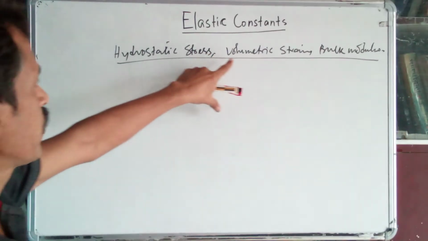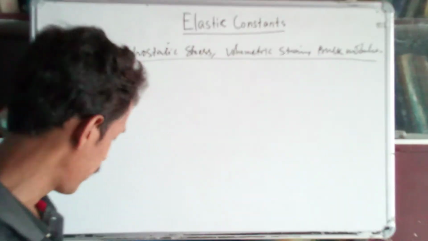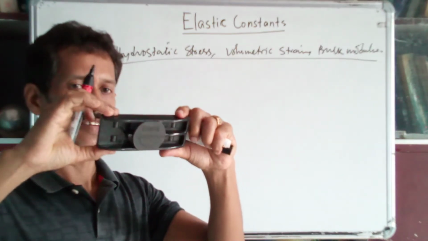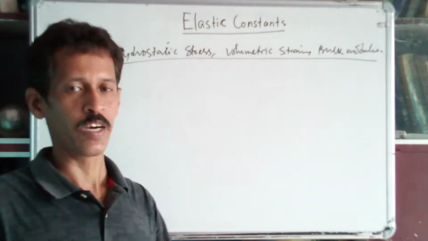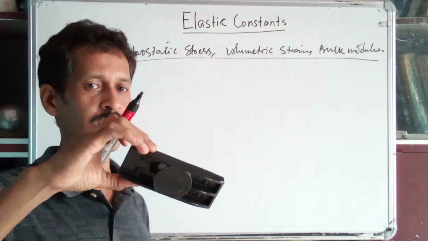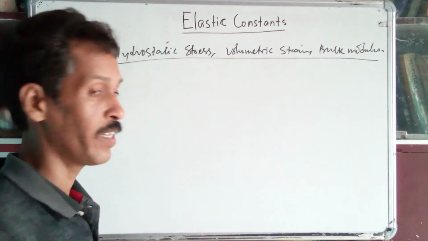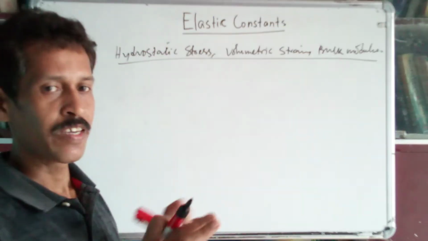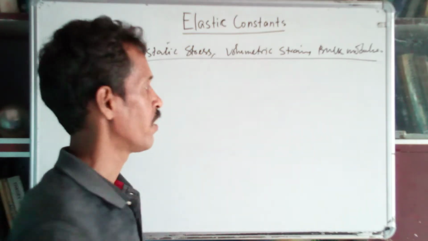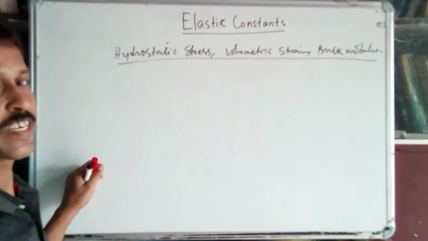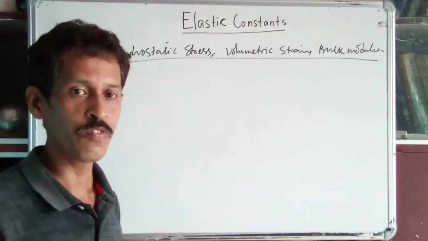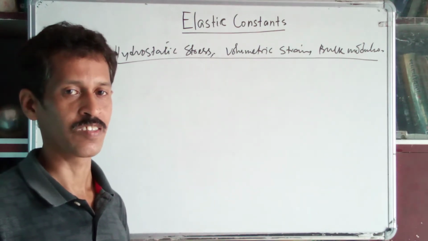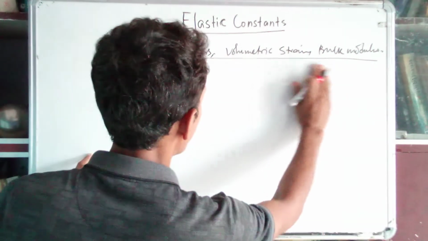If you consider an object and immerse it under water, what will happen? The water will create force in different directions. The stress generated in that particular object due to the water is known as hydrostatic stress.